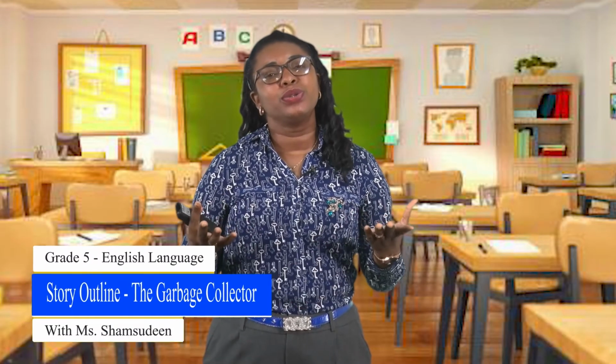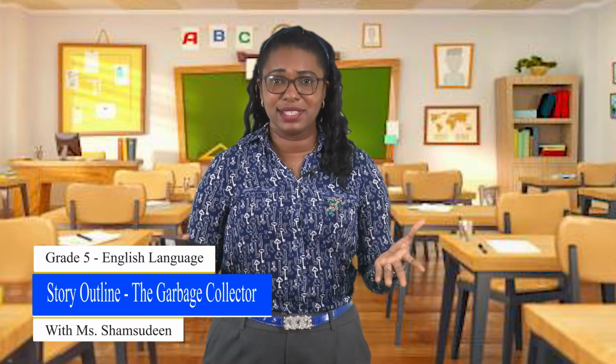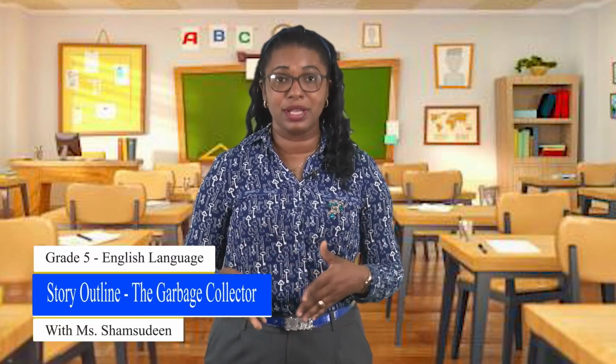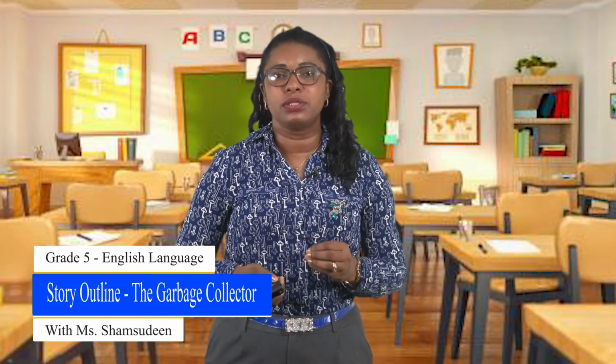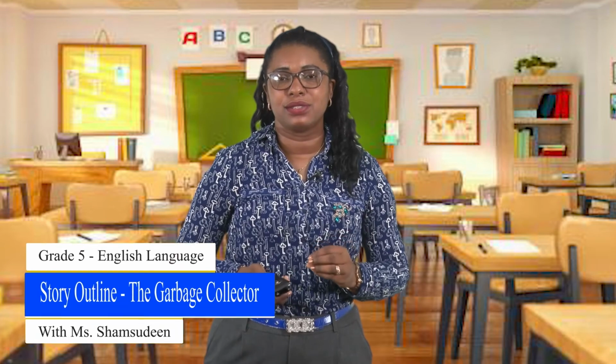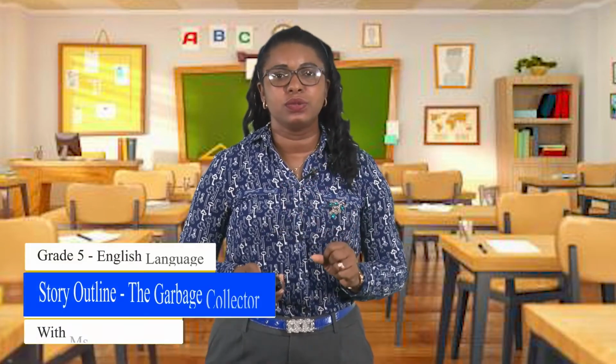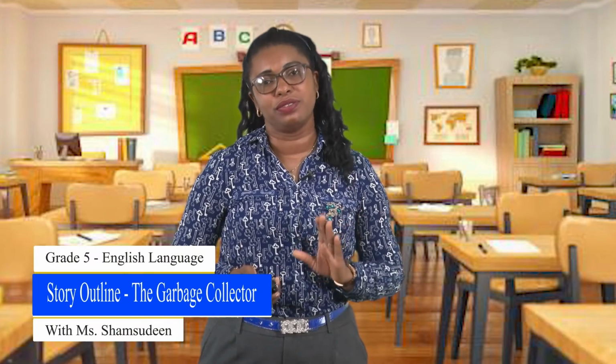Well, I sure hope that you enjoyed this lesson and understanding how to build an outline for a story. In this case, I understand we didn't necessarily build, but we were able to analyze this story and find each part and connect it to the elements of story writing.